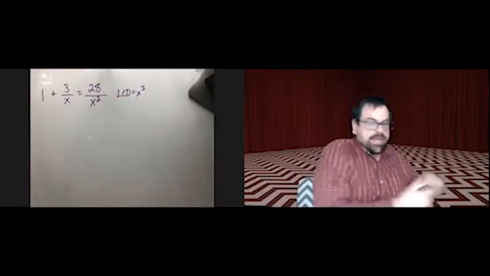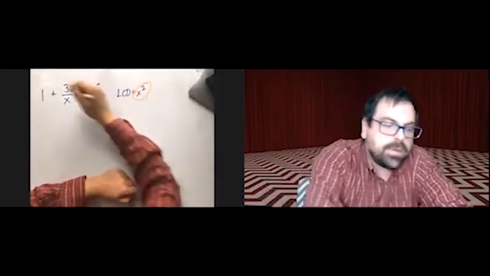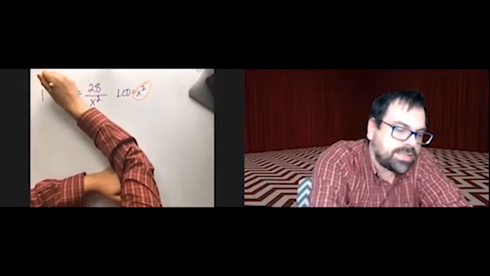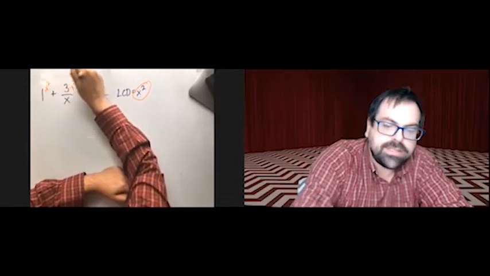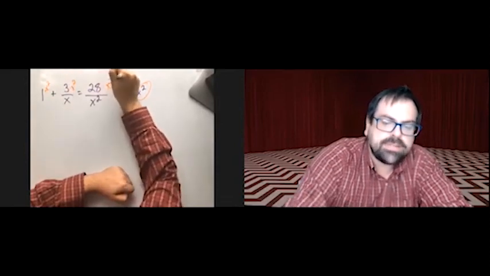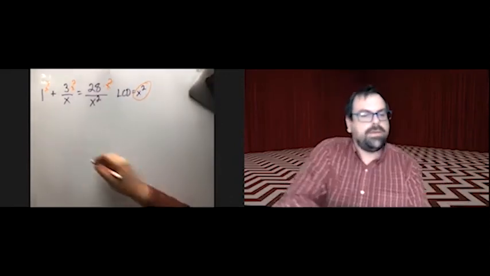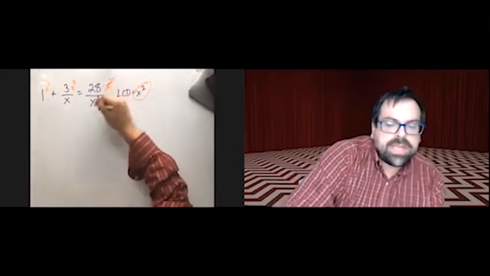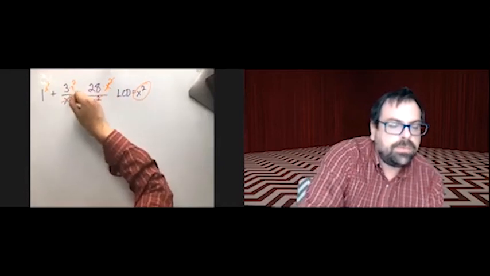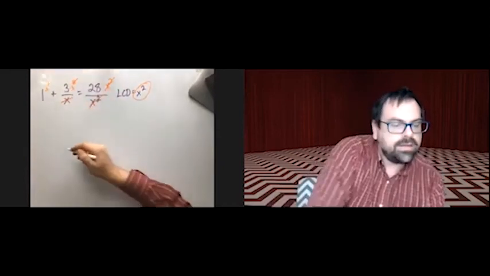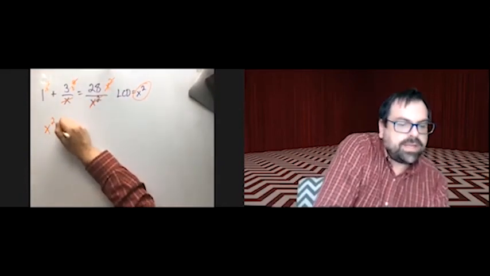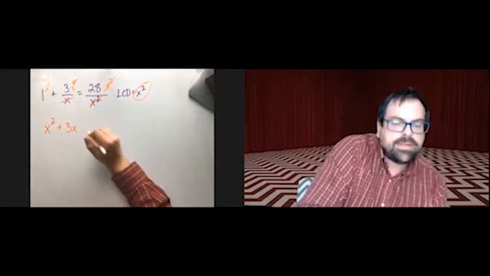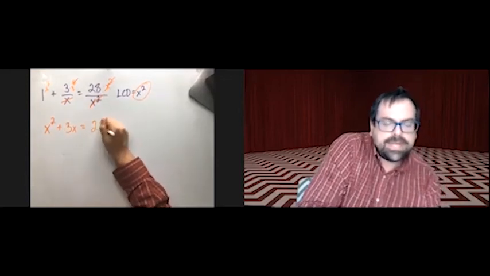So we're going to take that LCD and multiply it times everything: x squared, x squared, x squared. The x squareds cancel there. One of the x's cancels here. We have x squared plus 3x equals 28.